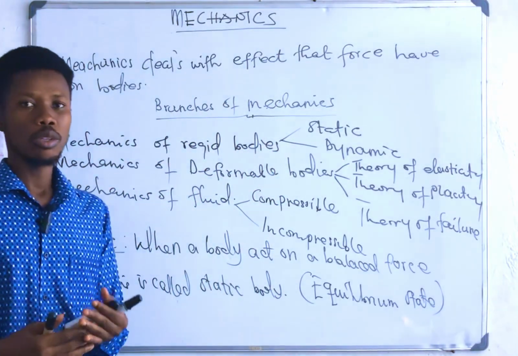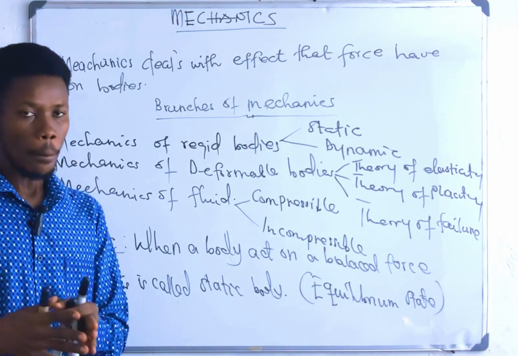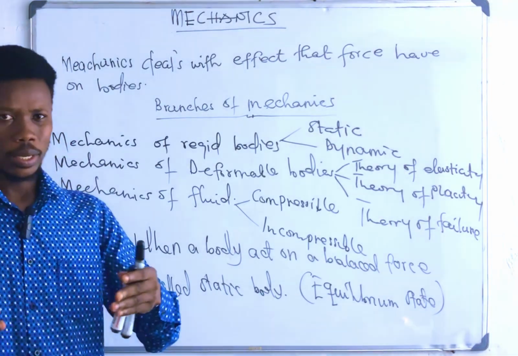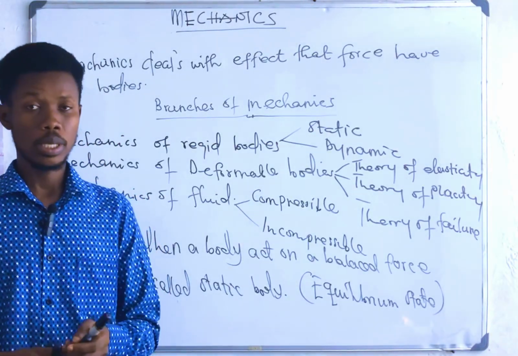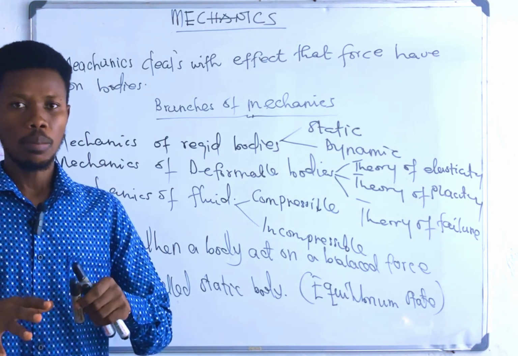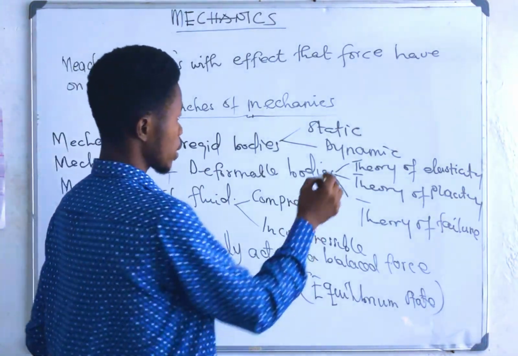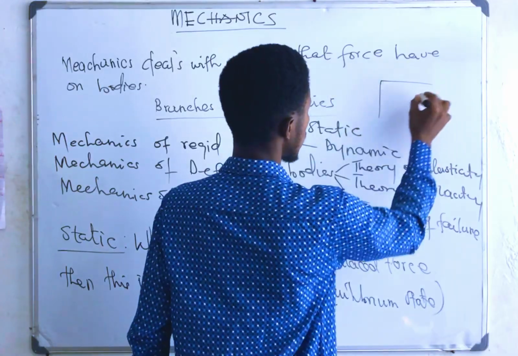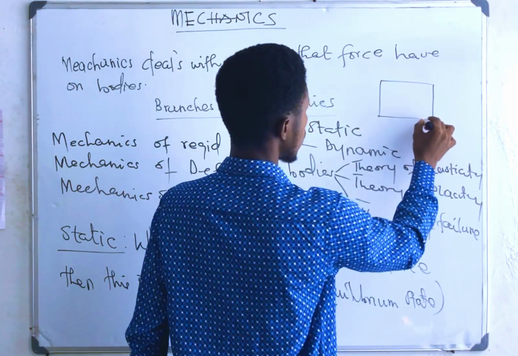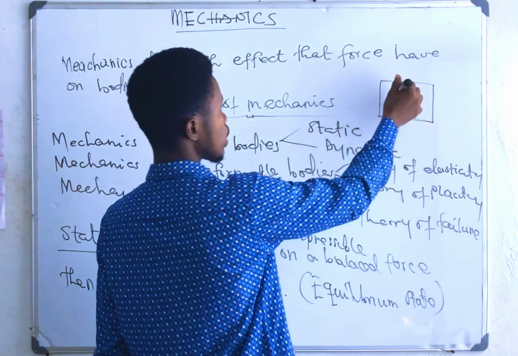So the body is said to be in equilibrium state when all the forces acting on that body are balanced. So what are some of the bodies that are in equilibrium state? A typical example is a body at rest. Let's say this is a block. This block is at rest.